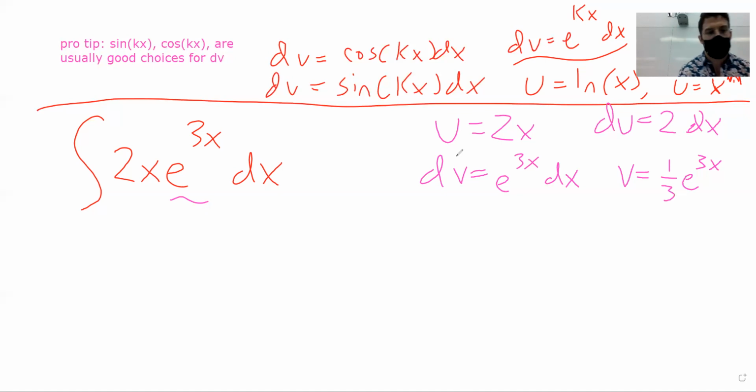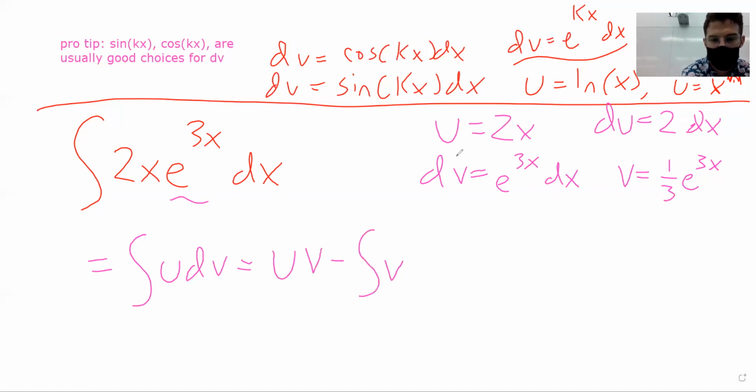All right. So the integral is presented in the form u times dv. We make the change according to uv minus integral of v du. Everything okay?